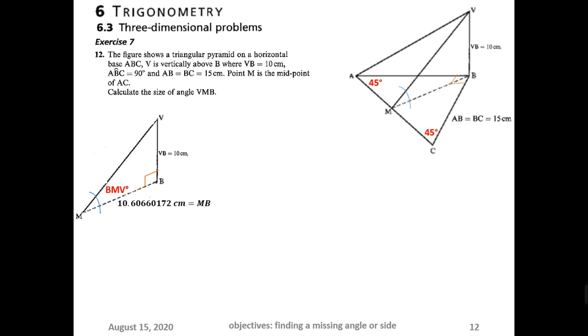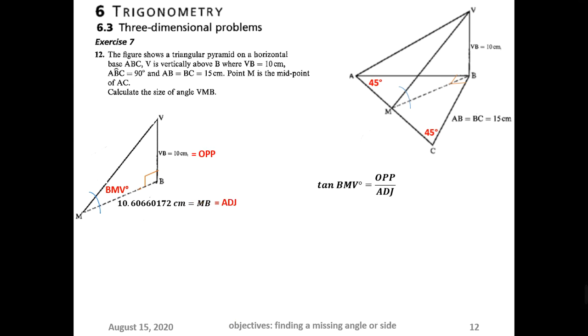And this is my unknown angle that they asked us to find. The 10 centimeters is the opposite side to my unknown angle, and MB is the adjacent side.